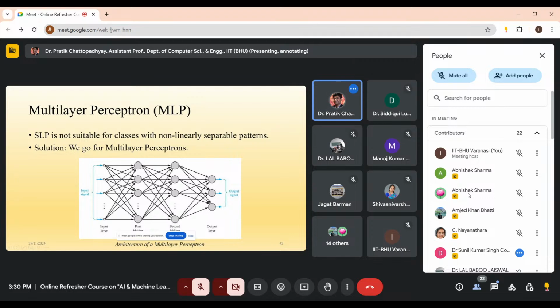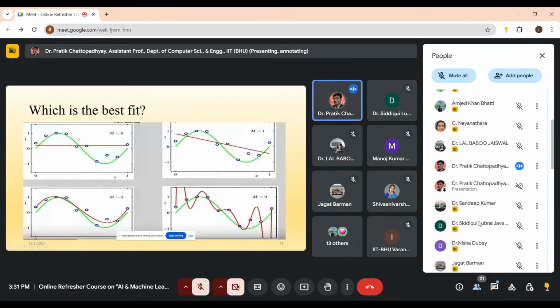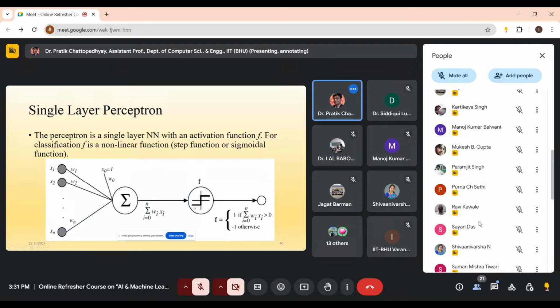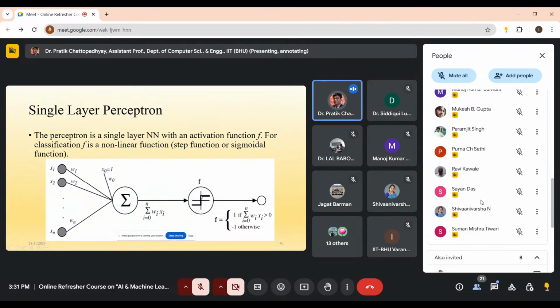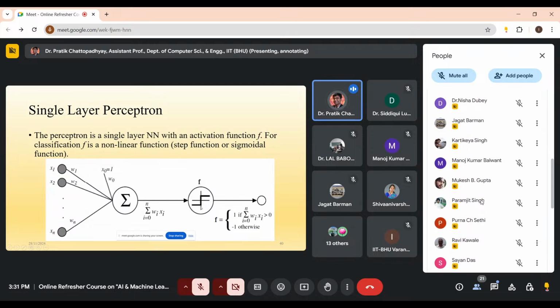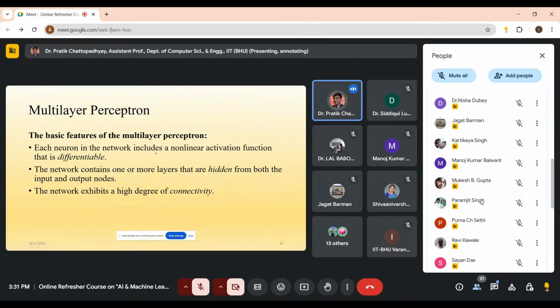In this case, we use an activation function, not the threshold activation function, but some nonlinear activation function which is differentiable. We cannot use this type of function, because it is non-differentiable, as we can see clearly. At this point it is non-differentiable, at this point also it is not differentiable. So we need a differentiable function. Why we need that, we will understand when we understand how the weights are updated.